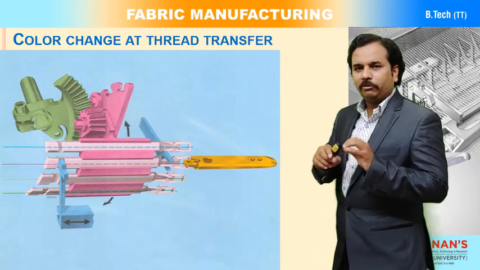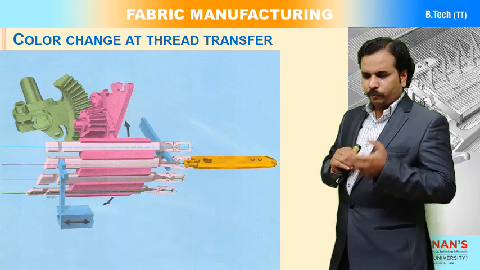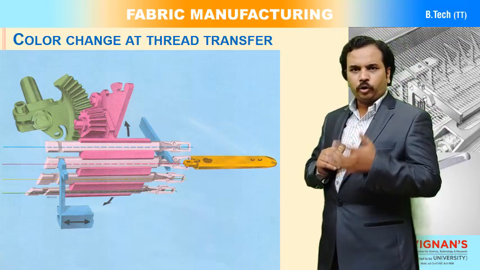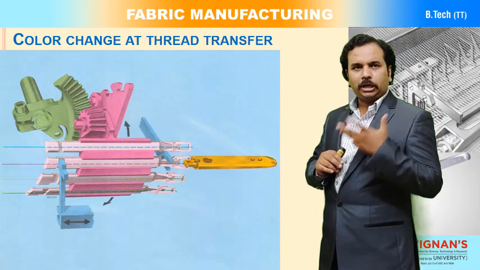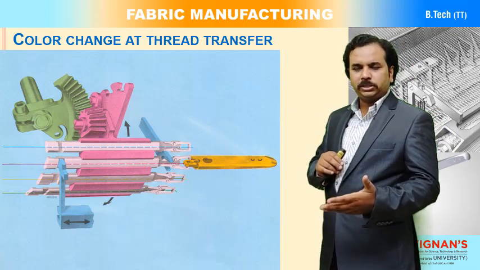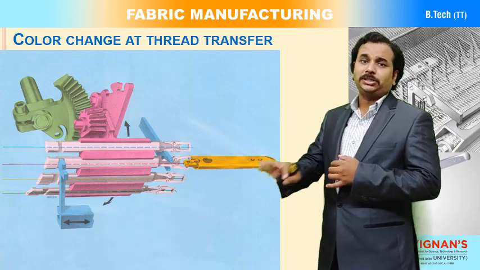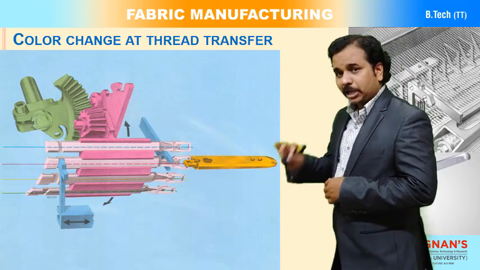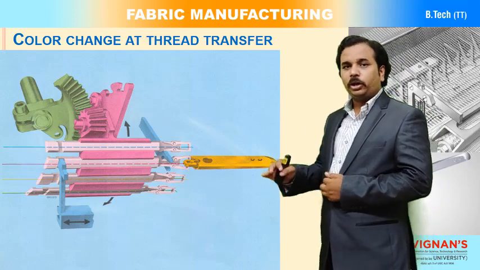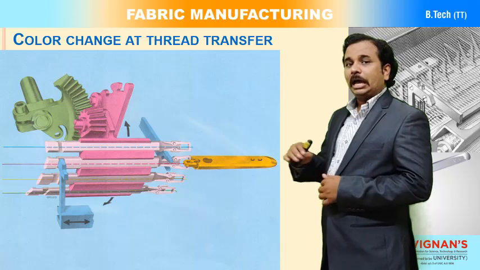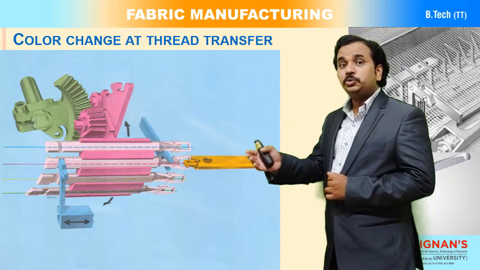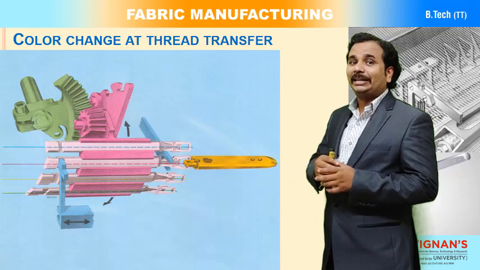Okay, now whatever the requirement, if you want 4 colors, 2 picks each color, you can feed that into the system. Now, as per the program given to the microprocessor, it is going to be operated or selected accordingly.